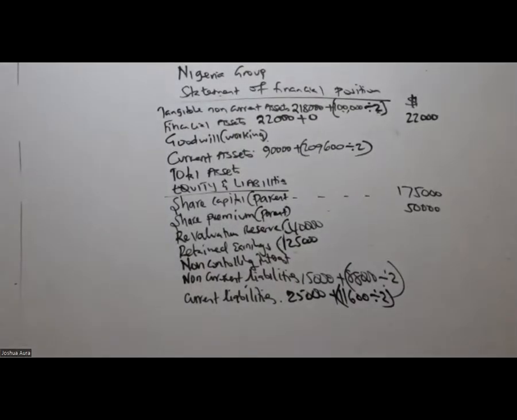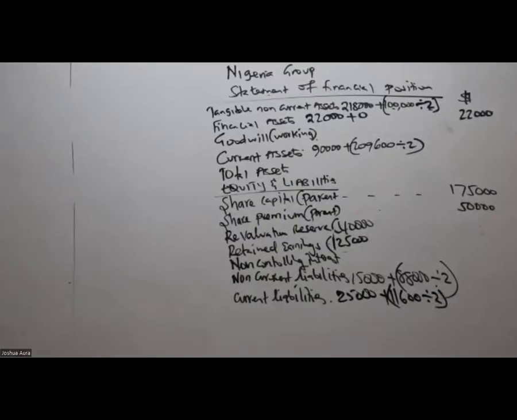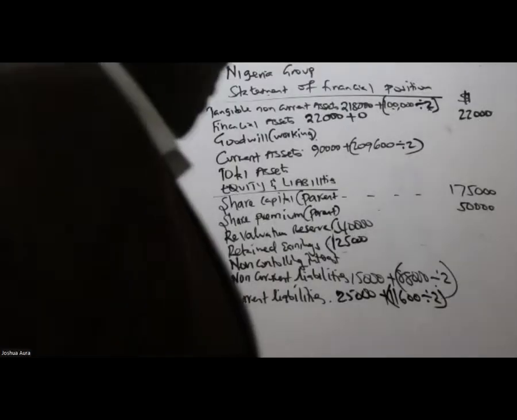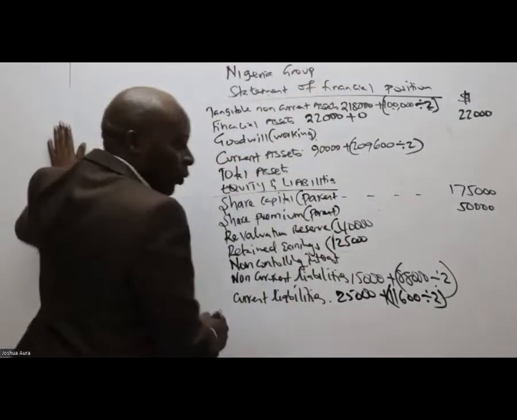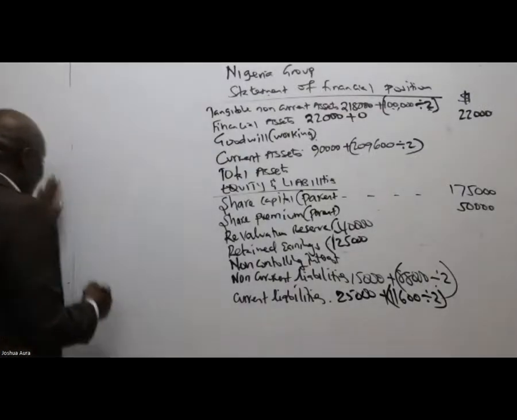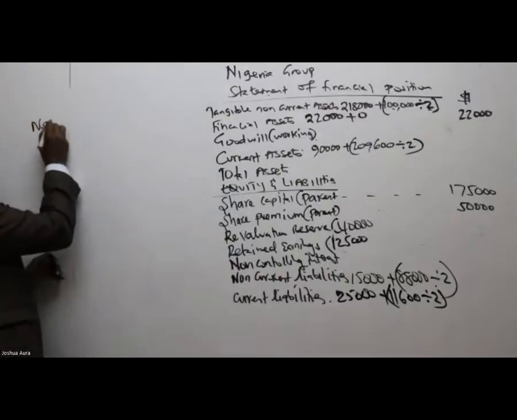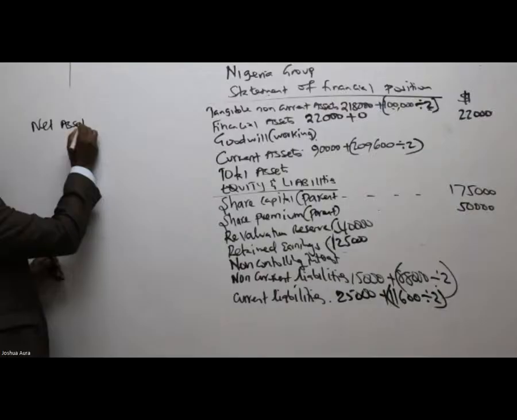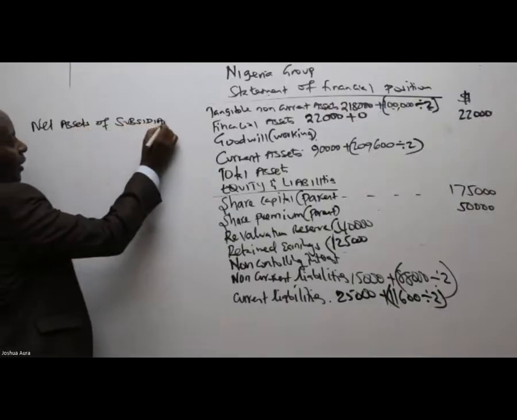Net assets of the subsidiary. So please go ahead and give me the net assets of the subsidiary. Now we are dealing with the net assets of the subsidiary. Three marks really.